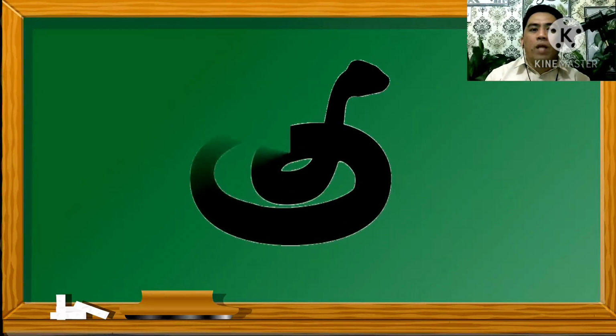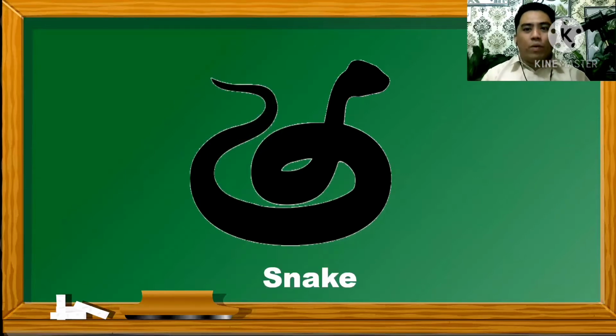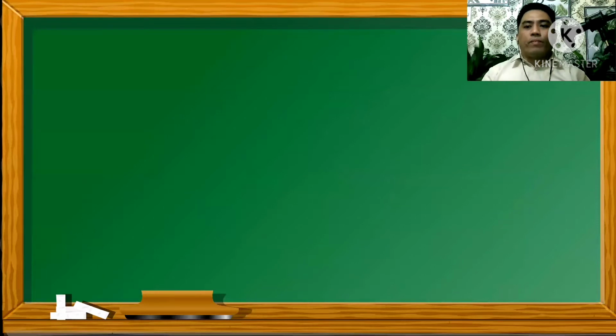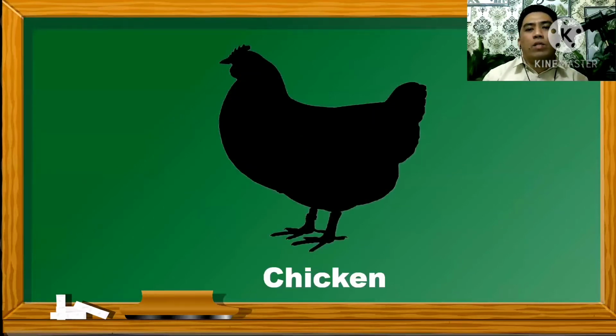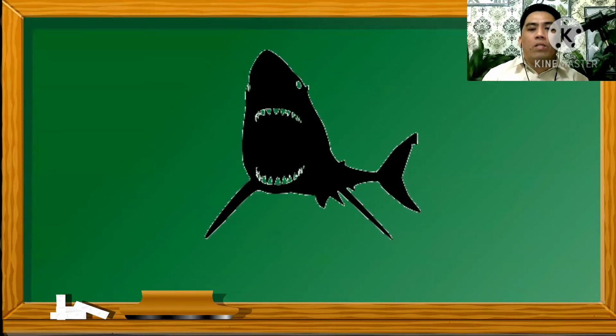Who's that animal? It's a snake. Very good. Next, who's that animal? It's a chicken. Next, our last one, who's that animal? It's a shark.